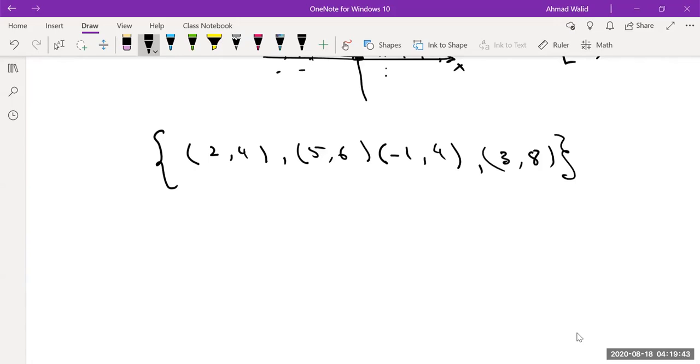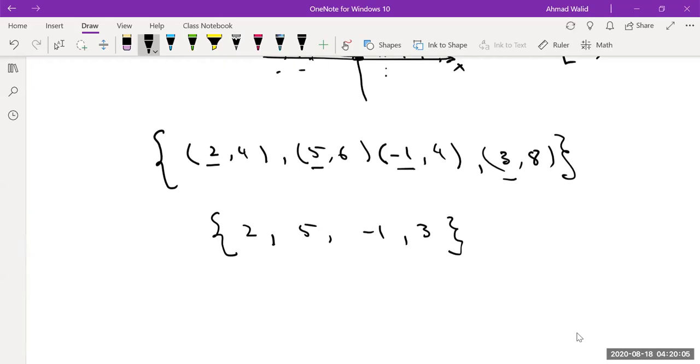To check if they give you such a relation like this as points, to understand if it's a function or not, check only the values of x. Correct? List the values of x. You have 2, 5, -1, and 3. Check here.